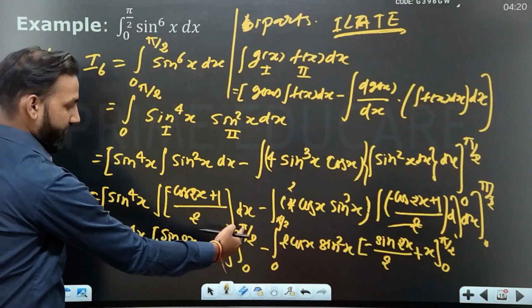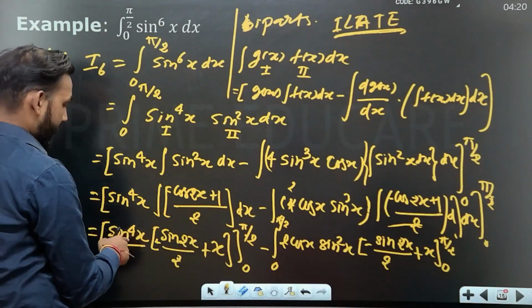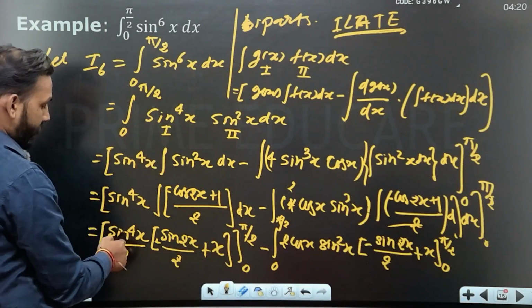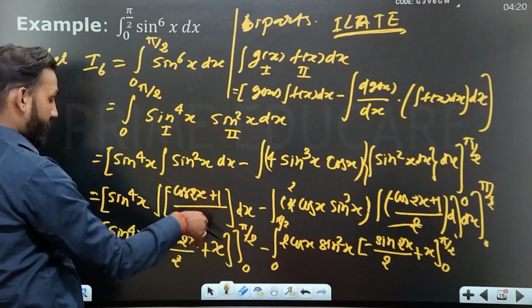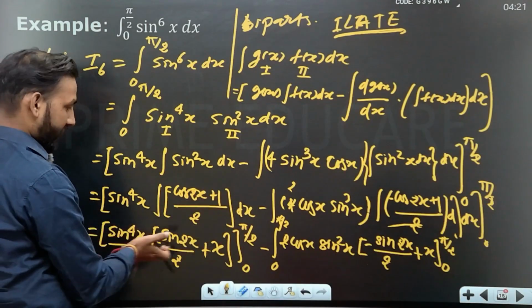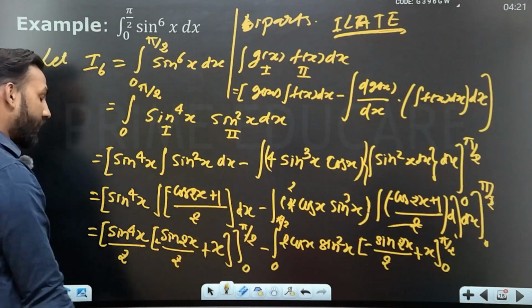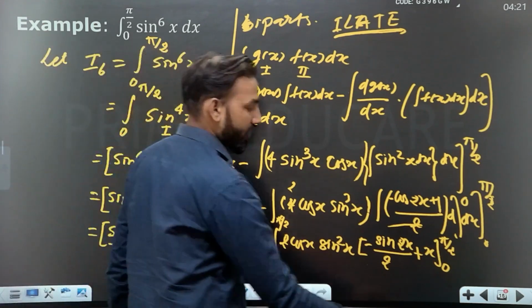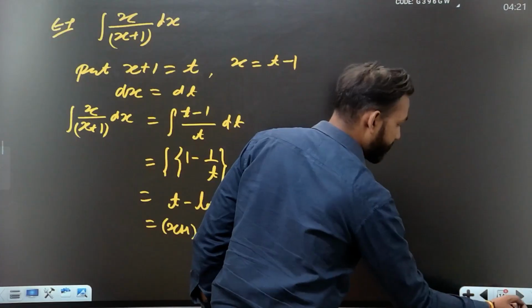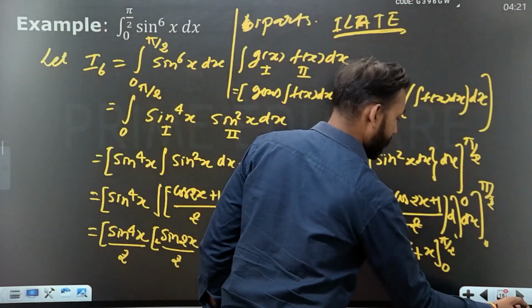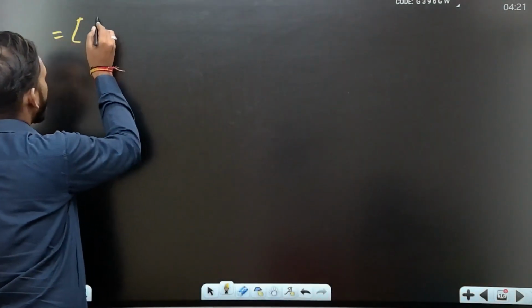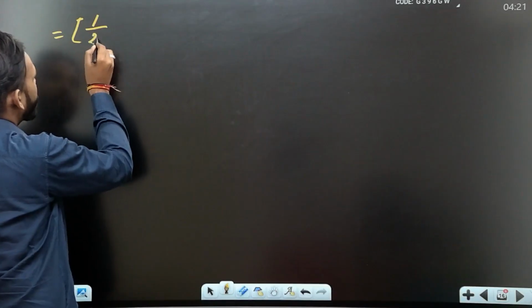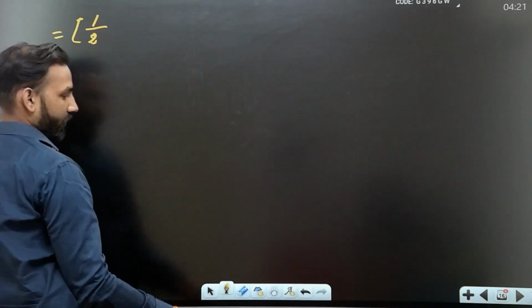This, if we put upper limit there, then sine to the power 4, like 1 to the power 4, because instead of x we put the upper limit, and upper limit is pi by 2 and sine pi by 2 is 1, 1 to the power 4 is also 1, then we get here 1, and this is 1 over 2. Okay, great.